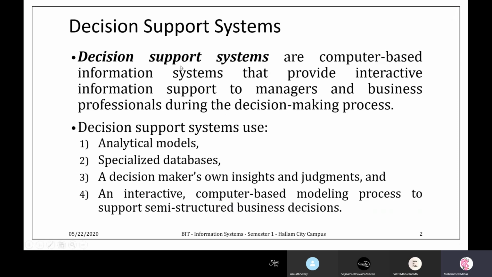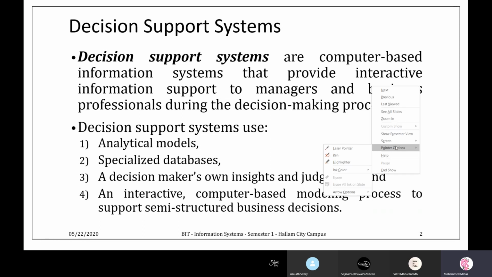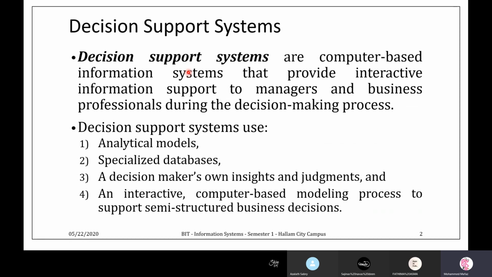So decision support systems are computer-based information systems that provide interactive information support to managers and business professionals during the decision-making process. One point to note: one thing that differentiates a decision support system from an MIS is that a DSS has a more interactive nature.